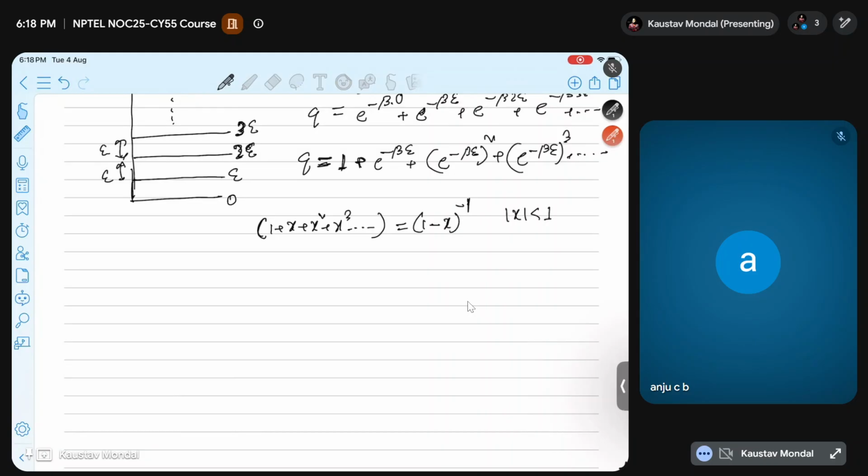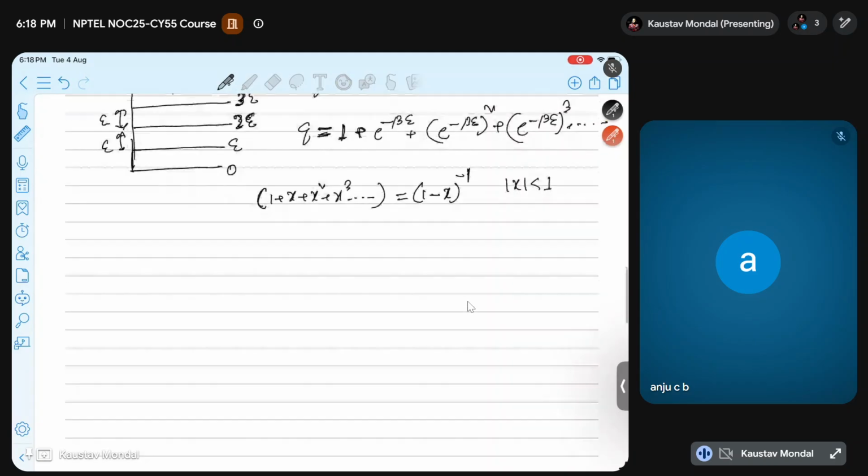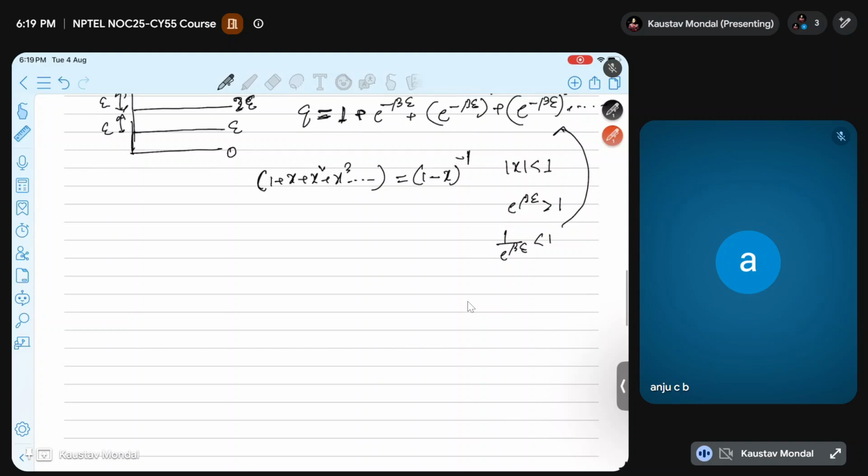In this case also, since e to the power beta E is greater than 1, 1 by e to the power beta E would be much less than 1. So this condition is true here also, and we can use this formula here.